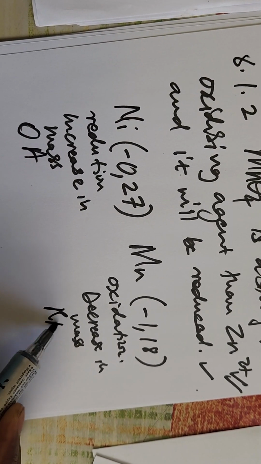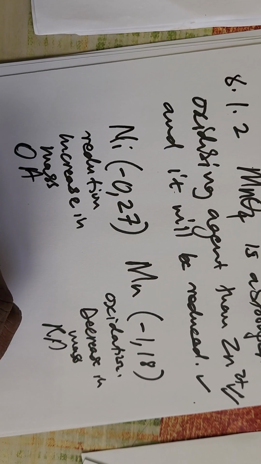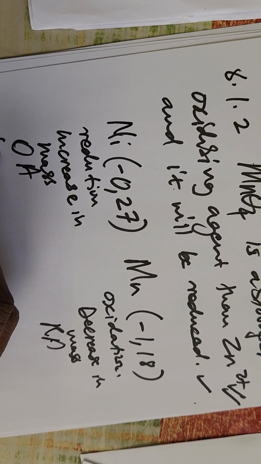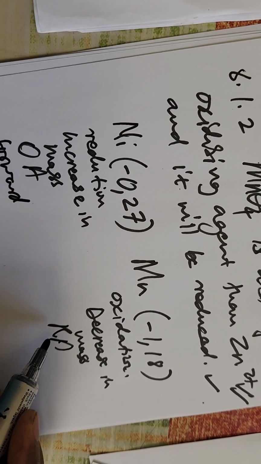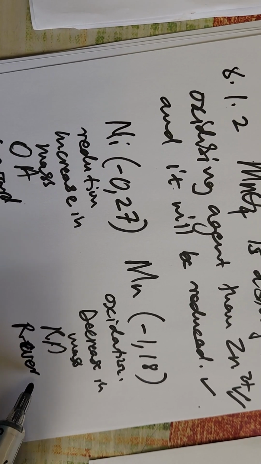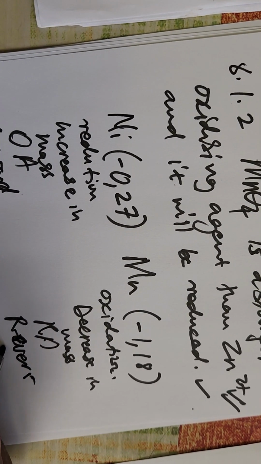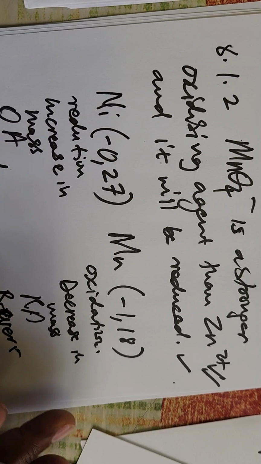This side will have the reducing agent. If you have to write the reaction, in the nickel we write the forward reaction, and in this one we write the reverse. And we know that nickel will be the positive electrode, and this will be the negative electrode. That's the small analysis that you can do.